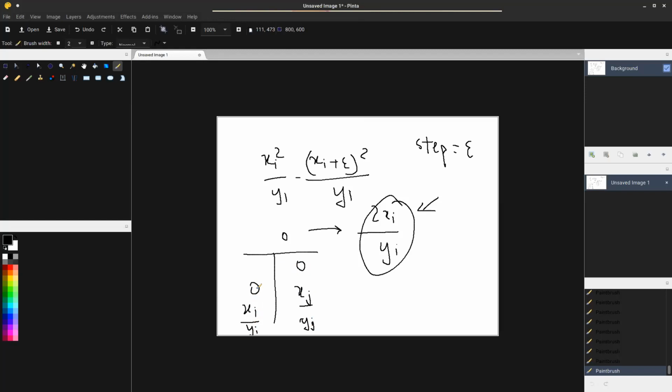Does that make sense to you? Yeah, and I think something like this shows up in optimization.